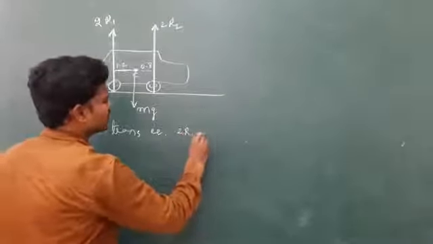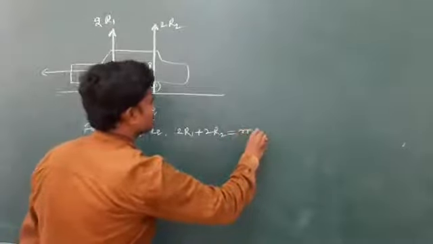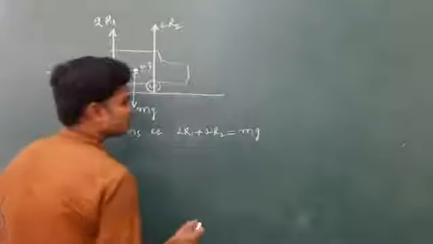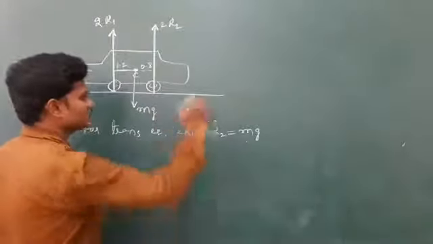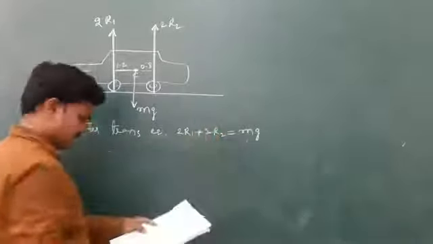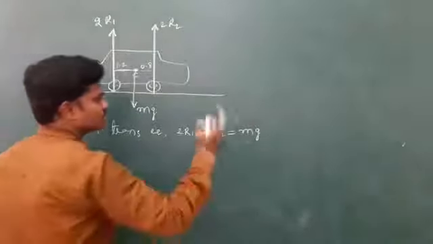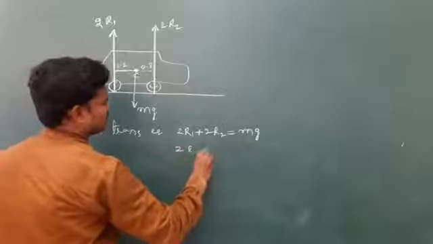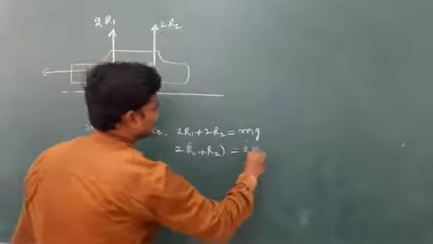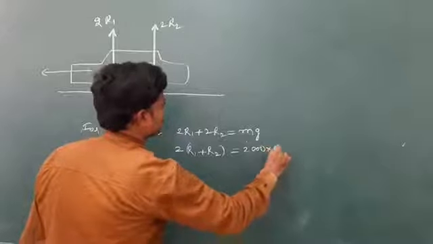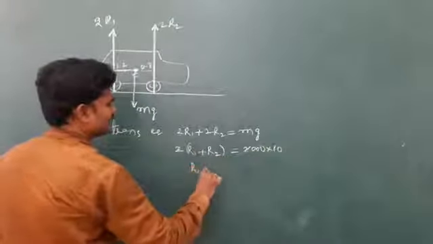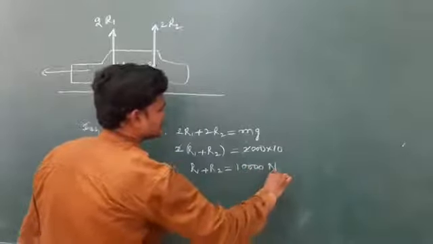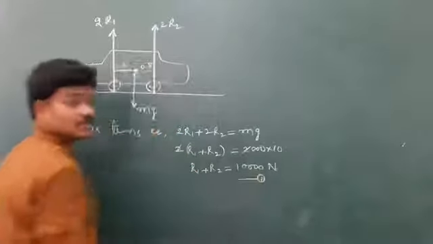So 2R1 plus 2R2 equals mg. The car mass is given as 2000 kg, times 10. So R1 plus R2 is 10,000 newtons.